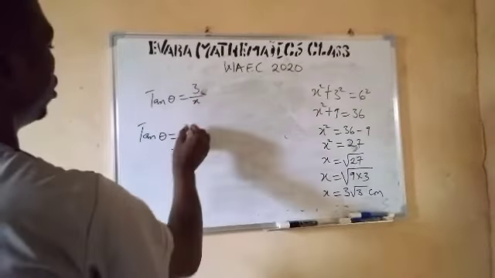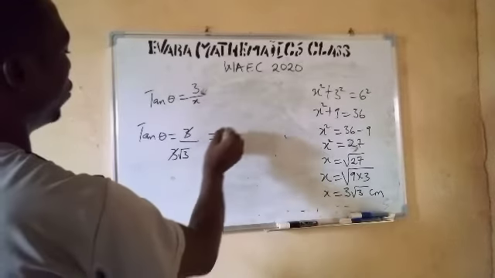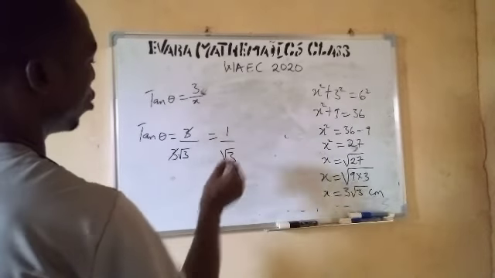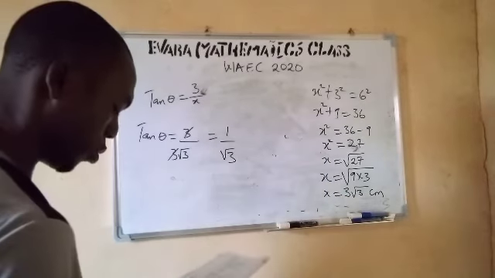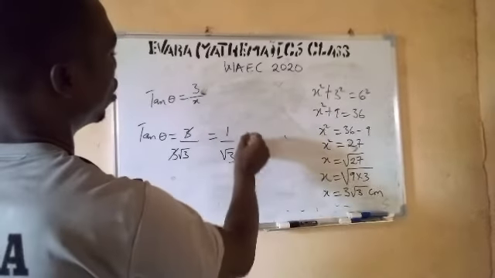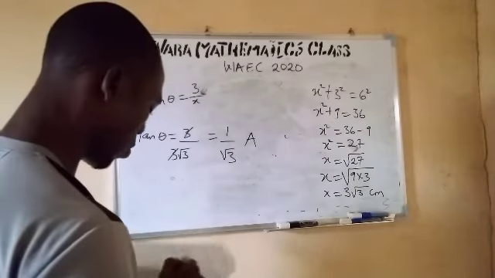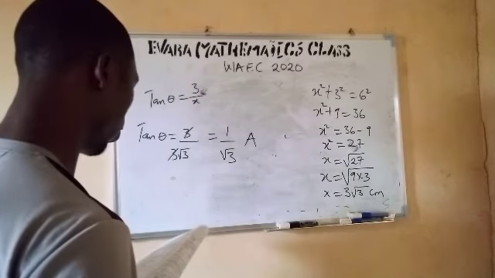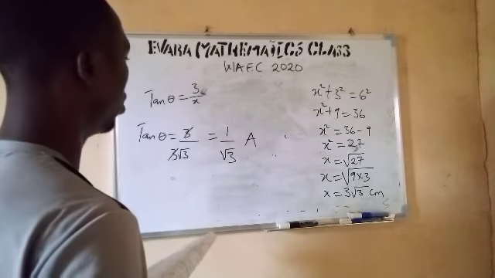We see that 3 cancels 3, and we are left with 1 over root 3, which corresponds to option A. Option A is the correct answer.